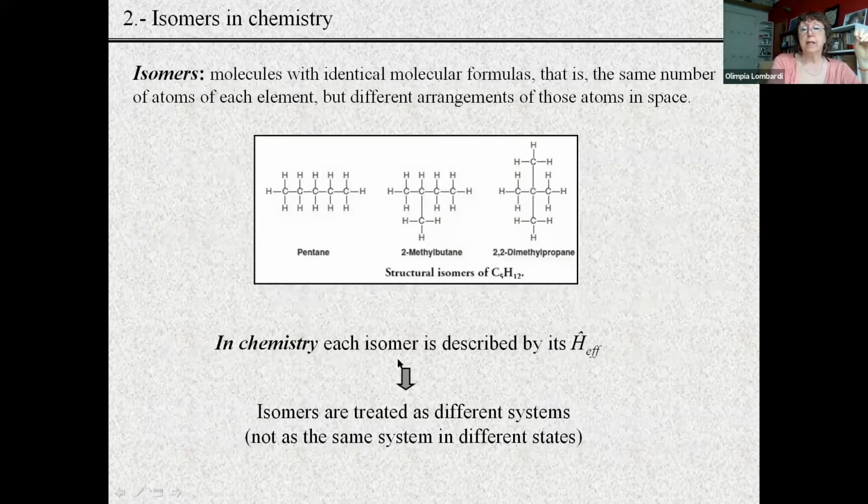So in chemistry, each isomer is described by its own effective Hamiltonian. So isomers are treated as different systems, not as the same system in different states, but as different systems. And this is pretty reasonable, because from the chemical viewpoint, isomers are different and have different properties. So it's reasonable to treat them as different kinds of systems.